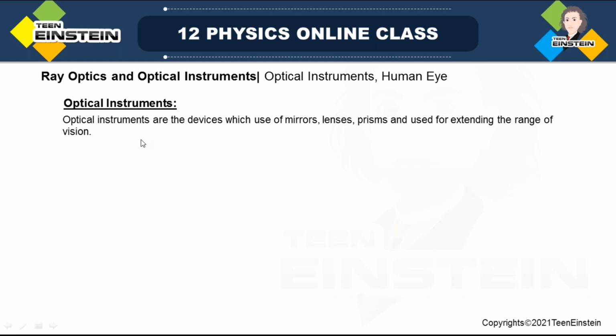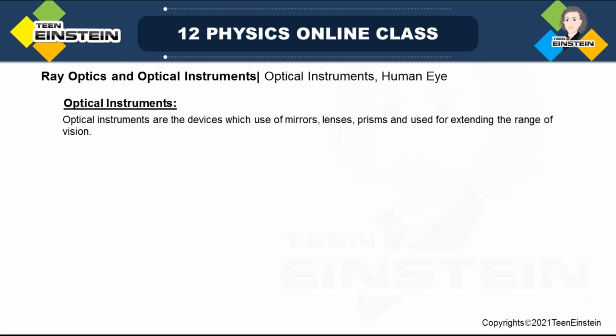So what are optical instruments? Optical instruments are devices which use mirrors, lenses, and prisms to extend the range of our vision.